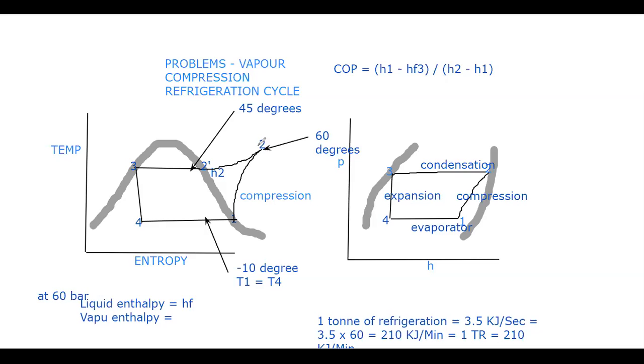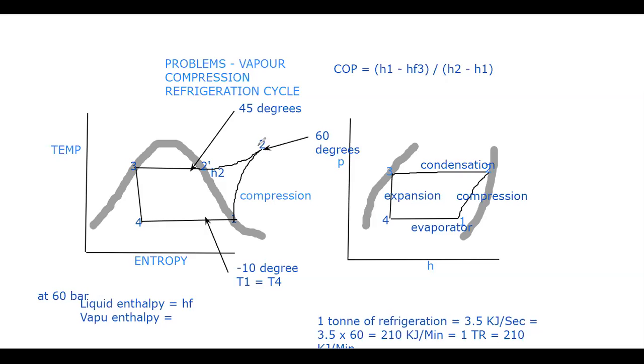Here, always remember COP is nothing but heat extracted divided by the work done, right? So the numerator, 460.7 minus 133, will give you the heat extracted by the refrigerator. That divided by 210 will give you the tons of refrigeration, right?